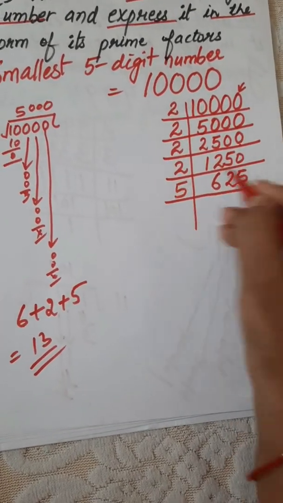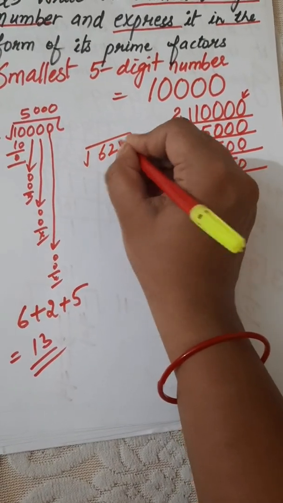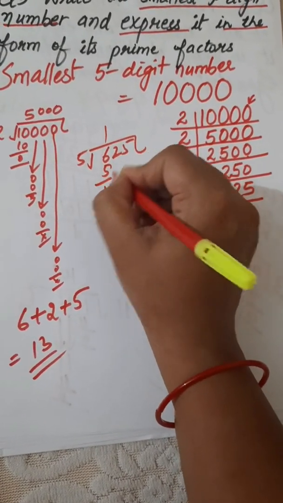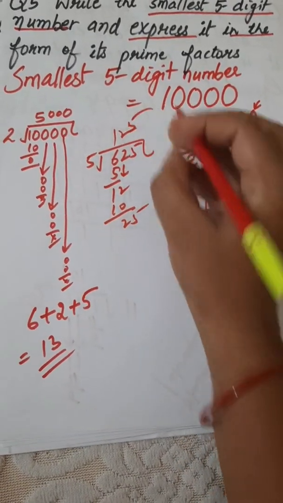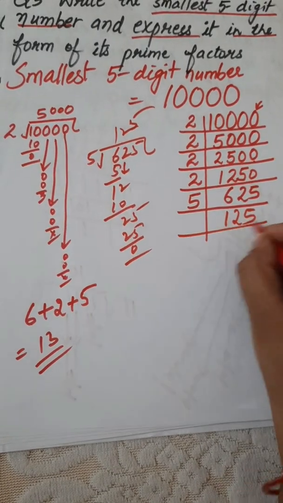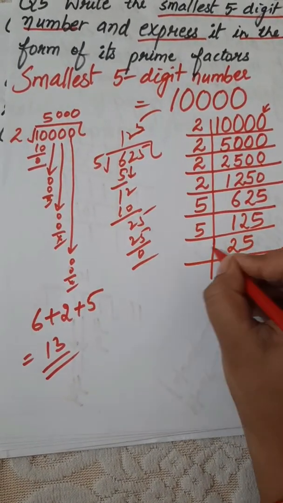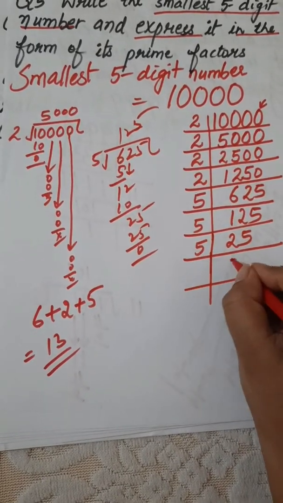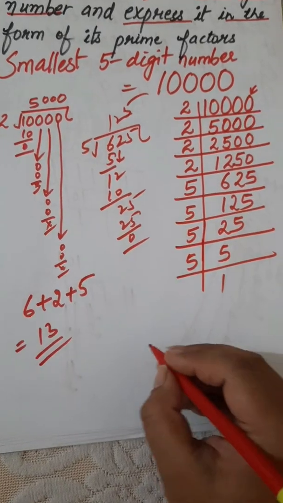So let's continue with 5. When you divide 625 by 5, 5 ones are 5, 5 twos are 10, 5 fives are 25. Then we have 125. Then again 5, I will get 25, 5. So this is the prime factorization.